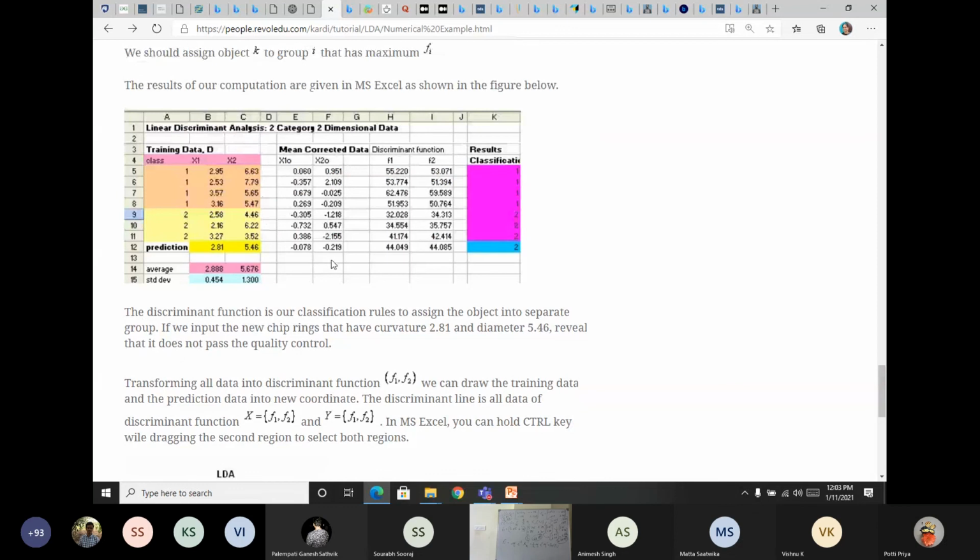You can download it, change the values, and observe how the predicted class changes. You can try this with different x1 and x2 and see how the prediction changes.